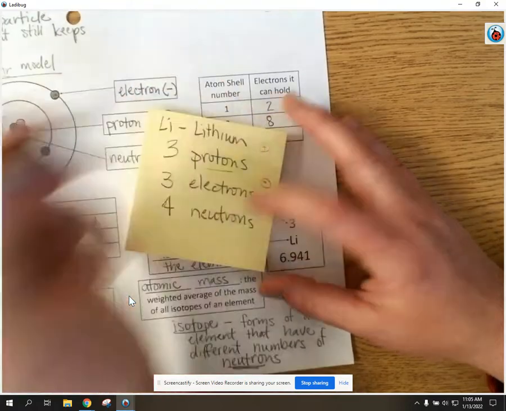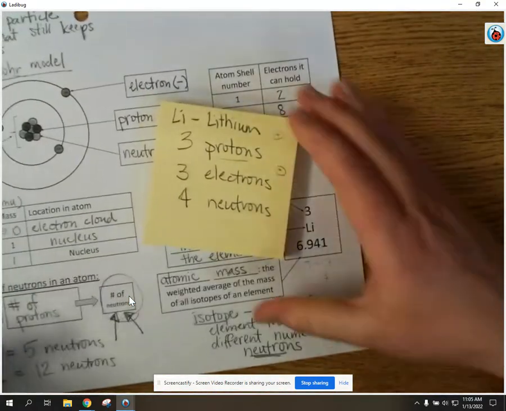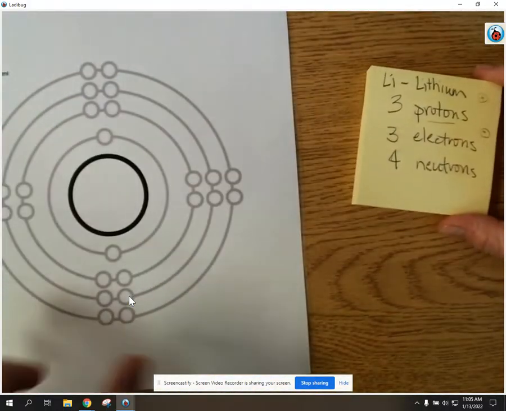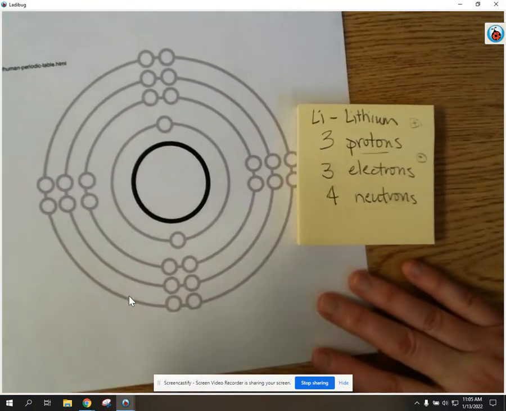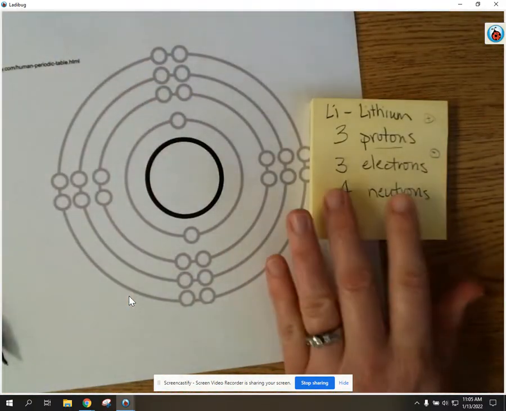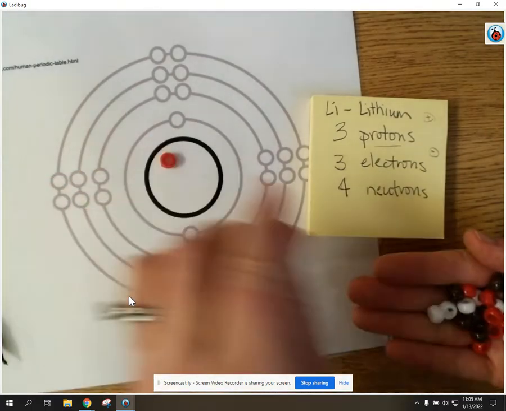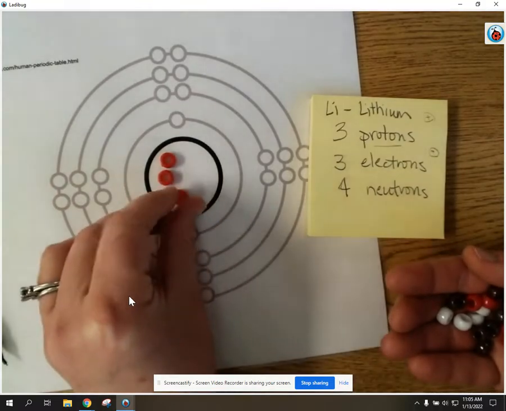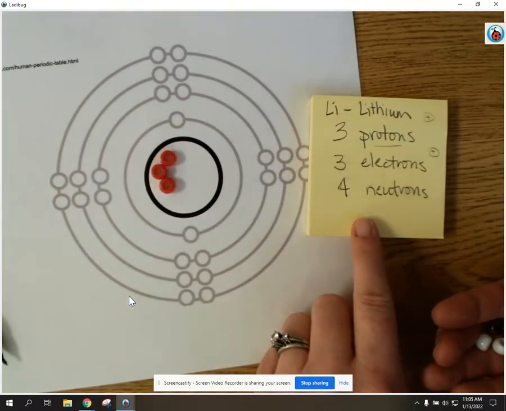All right, so you're going to be making models online since you weren't able to be here, and when we made models in class, it helps us to have a hands-on connection. So we're going to give 3 protons here to my lithium, and what else goes in the nucleus?